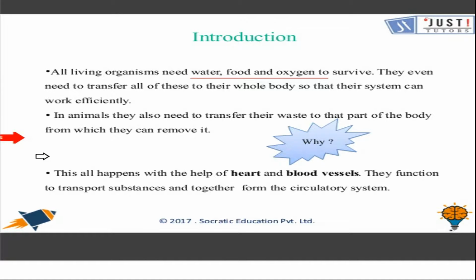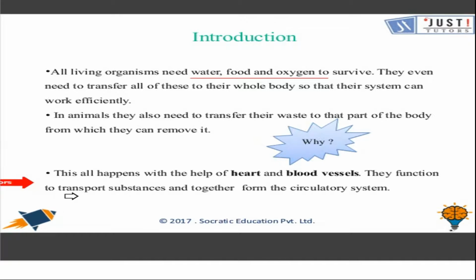Second point, animals also need to transfer their waste to that part of the body from which they can remove it. When we take in a food substance, there are many substances that are helpful to build up our body, and the waste is removed from some different parts of the body.